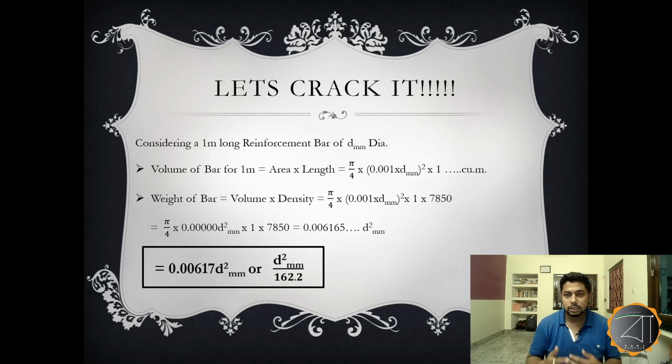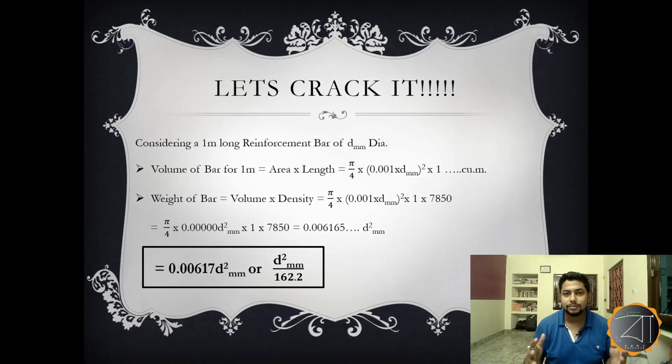If we calculate these things, it comes as 0.006165 and so on, times d square mm. So we can simply write it as 0.00617 d square, where d is the dia of reinforcement in millimeter, or you can also write it as d square divided by 162.2.